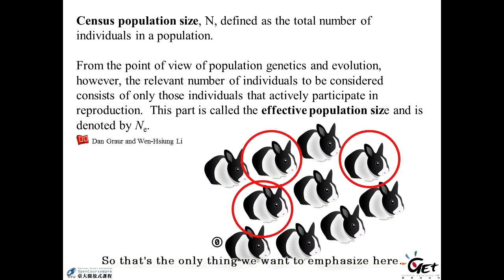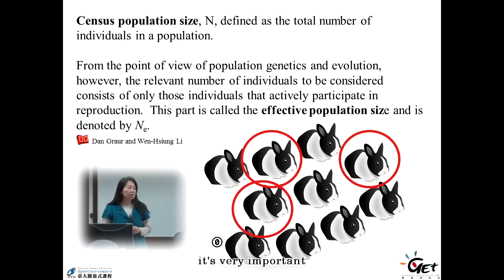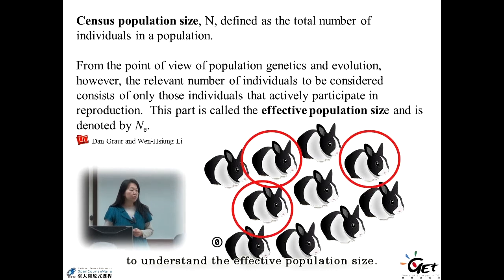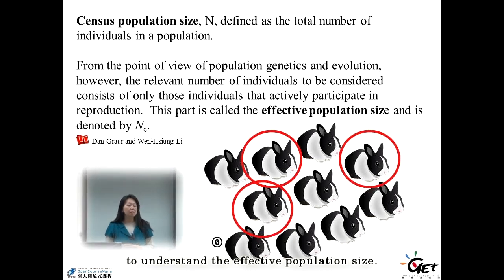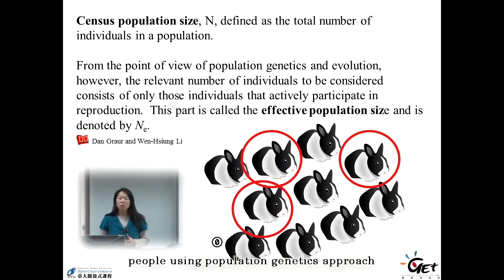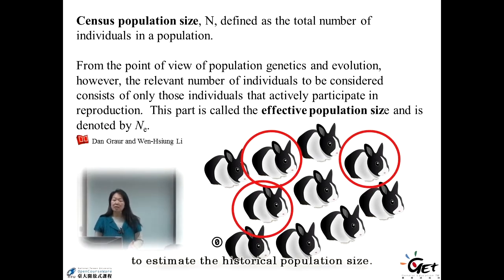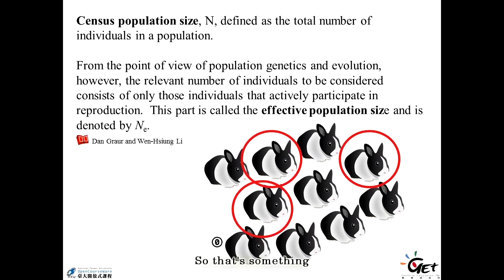So that's the only thing we want to emphasize here. As I mentioned last time, it's very important to understand the effective population size. That's why a lot of people use a population genetics approach to estimate the historical population size. So that's something you might want to keep in mind when you read the literature.